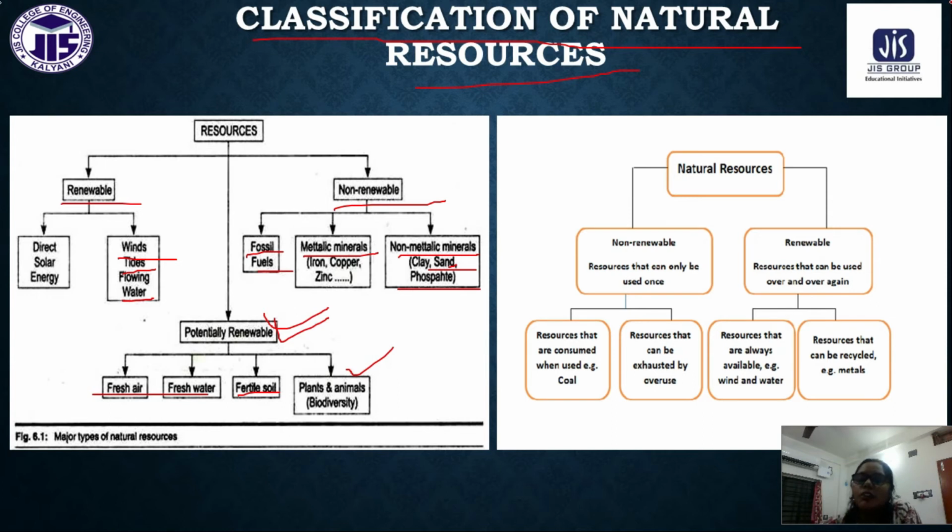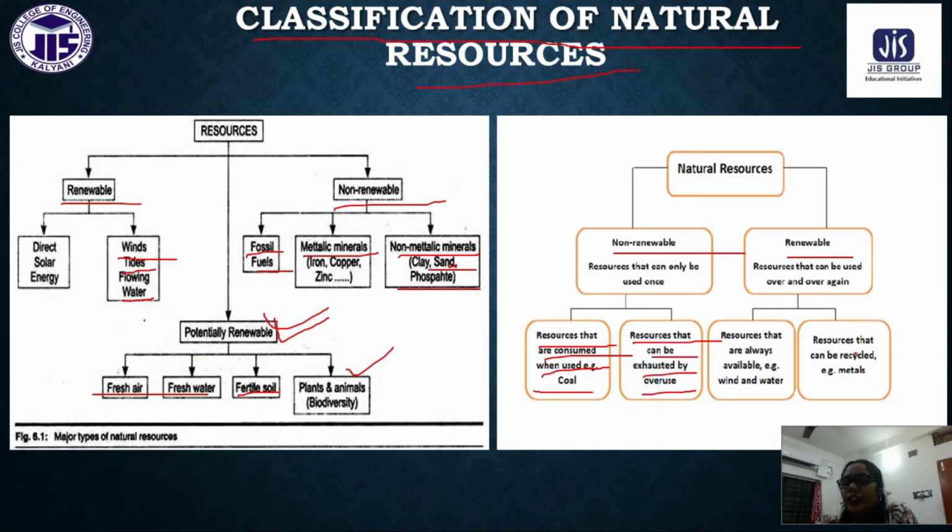Natural resources can also be divided into two classifications: non-renewable resources and renewable resources. Non-renewable resources are consumed when used, like coal, and can be exhausted by overuse.